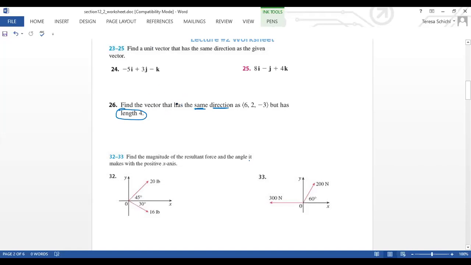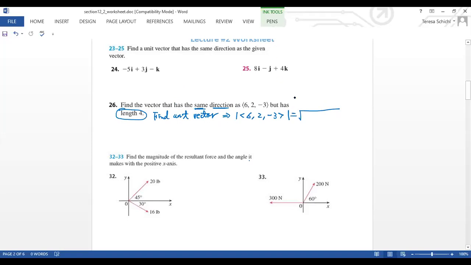The first thing is, if we can find a unit vector based on the given vector, then we times 4, and it will give me the length of 4. So how do we find the unit vector? First, you need to find the length of this vector (6, 2, -3), which we discussed in the lecture.